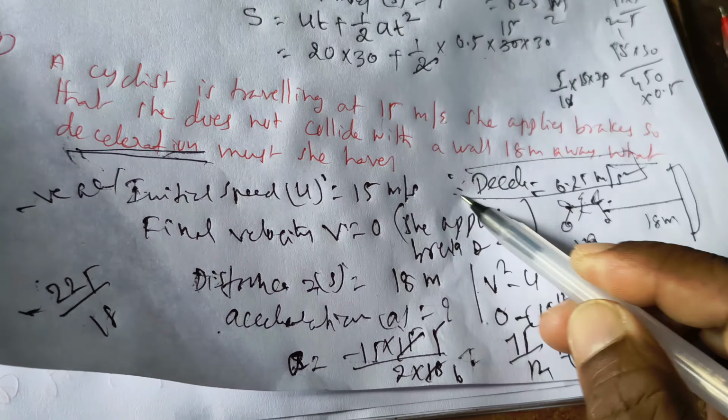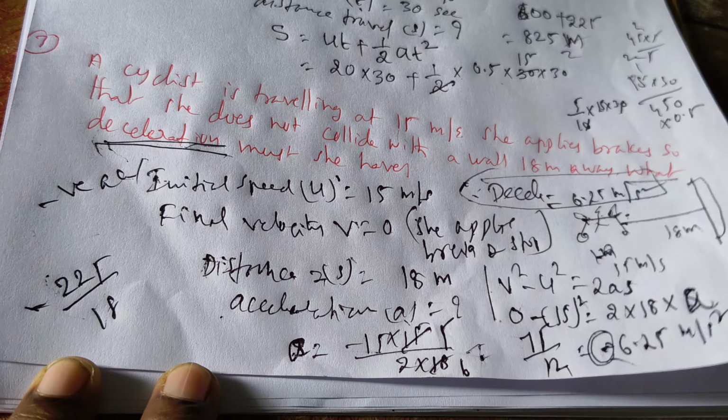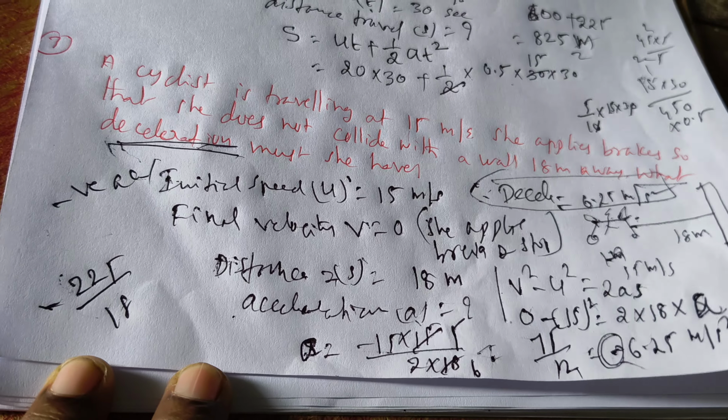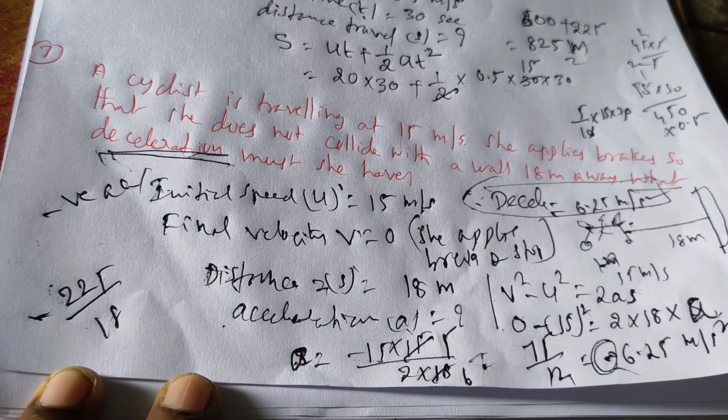Keep in mind one thing: if the problem asks directly for retardation or negative acceleration or deceleration, in our answer there is no need to keep the minus symbol, because it is already deceleration. Otherwise, if it asks directly to find the acceleration when brakes are applied, when it stops, it comes to rest, then we must write the minus symbol.